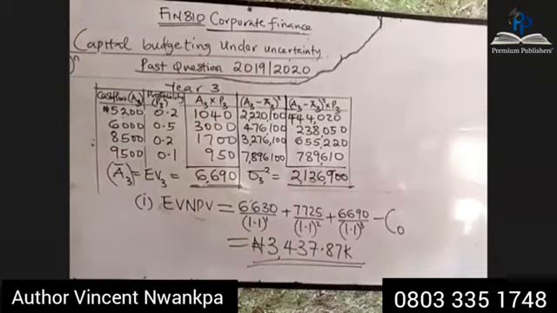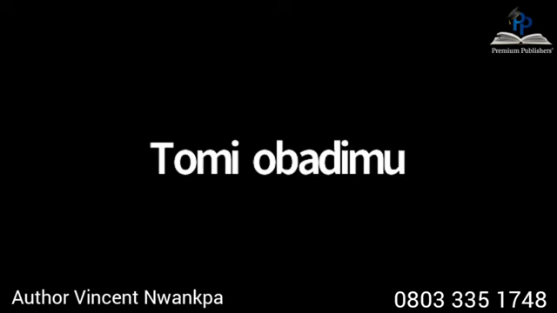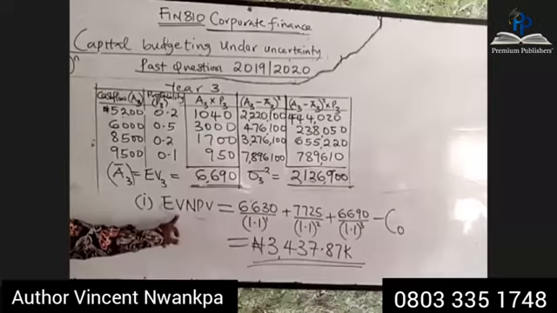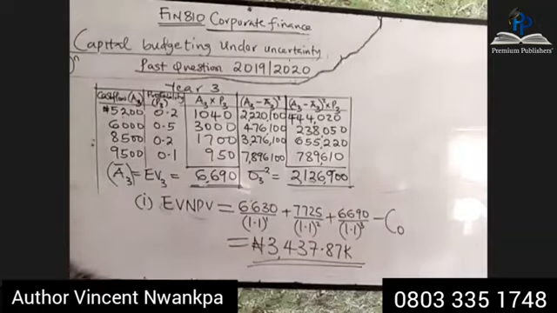So we run all that minus 14,000, and we have the expected value of the net present value as 3,487. That is the first part that's been done.